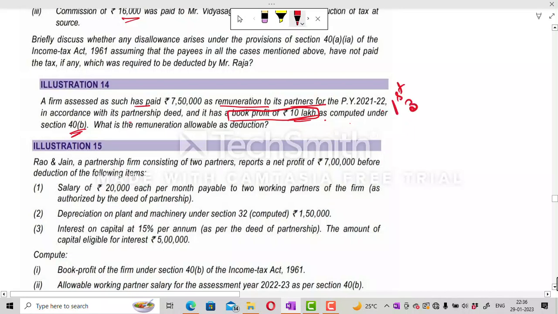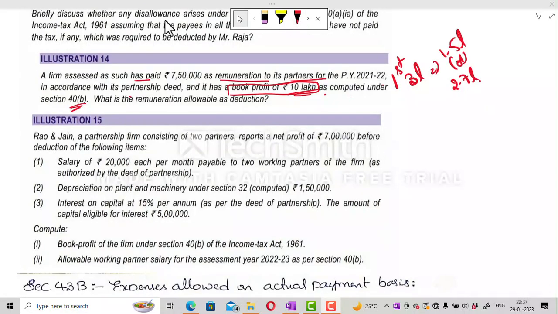See, on the first 3 lakhs, 1.5 lakhs or 90% of 3 lakhs, that is 2.7 lakhs, whichever is higher. So 2.7 lakhs is higher. On the balance amount: the total is 10 lakhs, and after deducting the first 3 lakhs we get 7 lakhs.